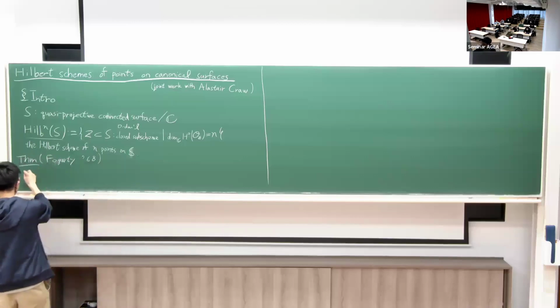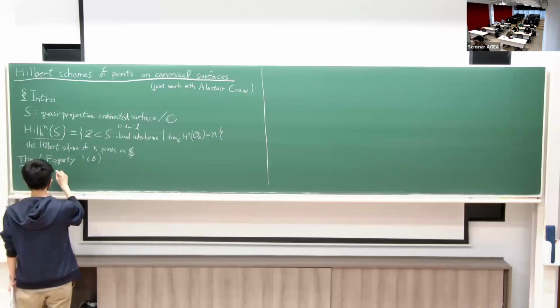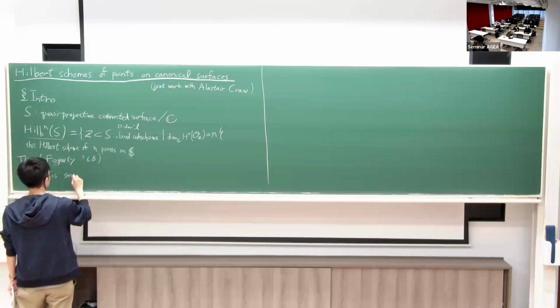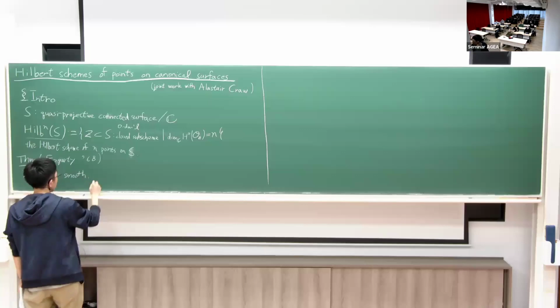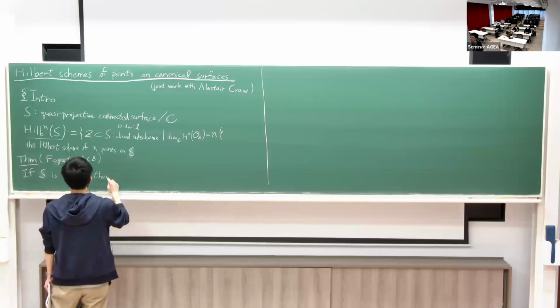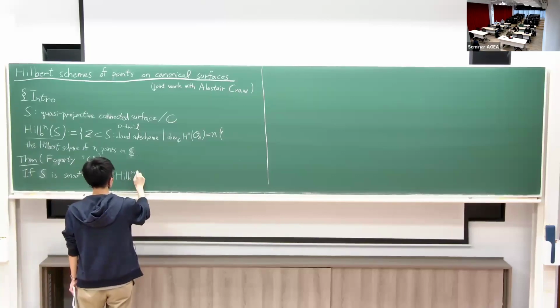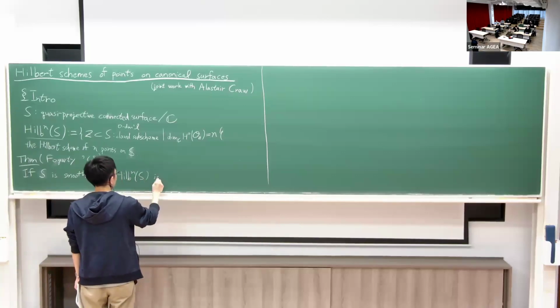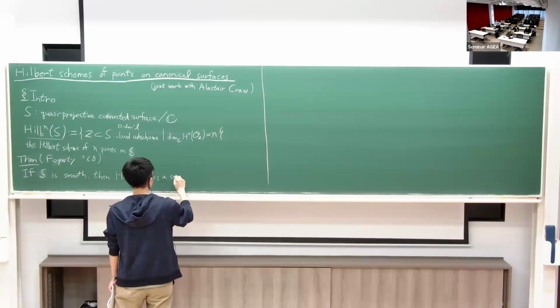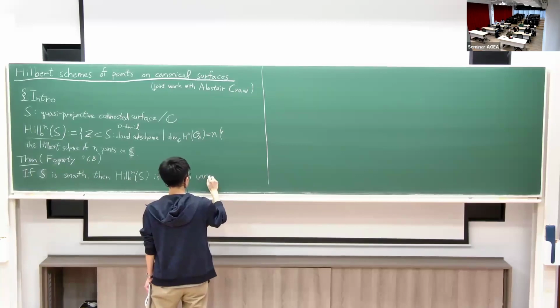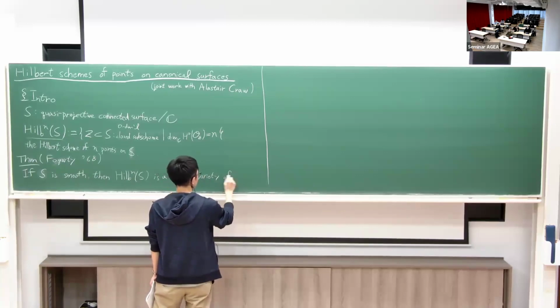So the statement is as follows. If S is a smooth surface, then the Hilbert scheme of n points on S is a smooth variety of dimension 2n.